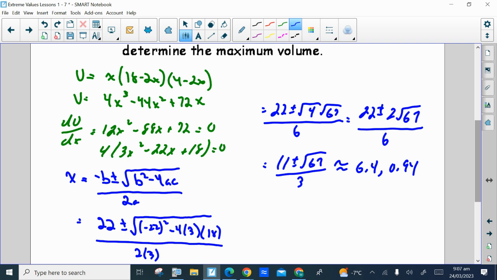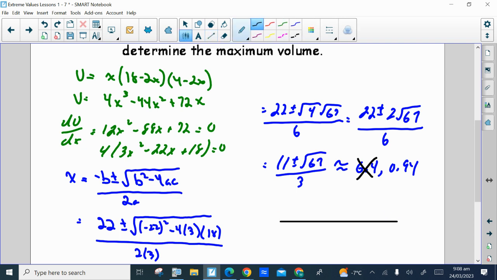And once again, the 6.4 will be extraneous, because if x is 6.4, the last factor is going to be negative. We can't have a negative dimension. So that is an extraneous critical number. The only one that we can look at is 0.94.